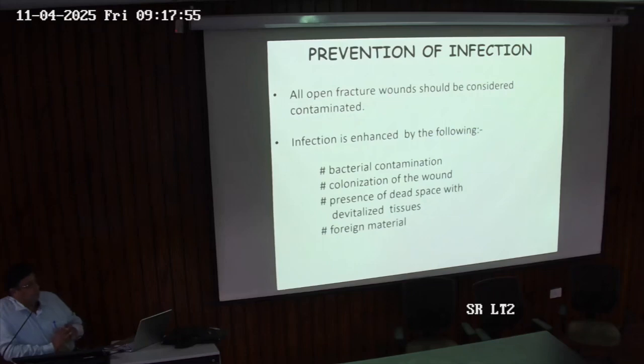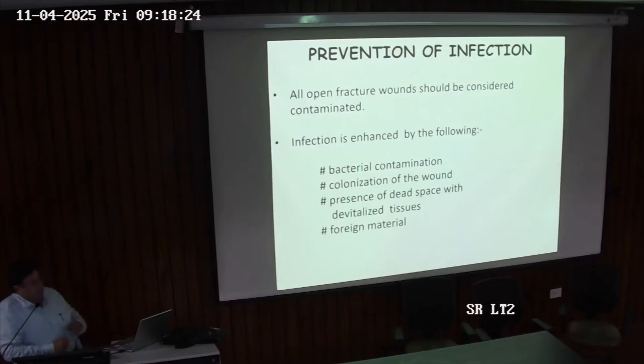So, what is the primary aim in the treatment of open fracture? Prevention of infection. If infection occurs in the bone, it may not get eradicated, and it goes on in the form of remission and recurrence.